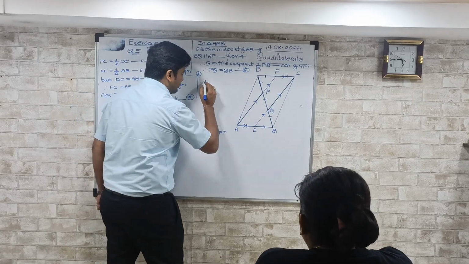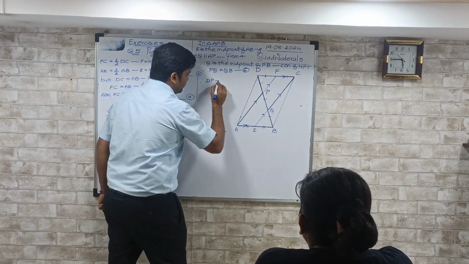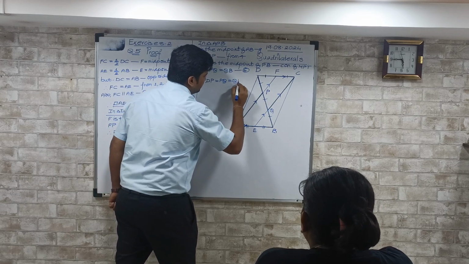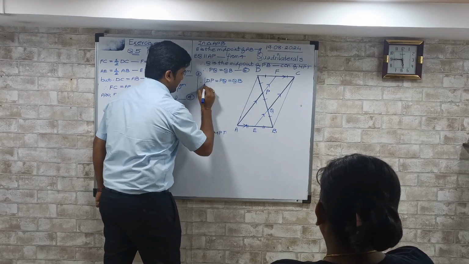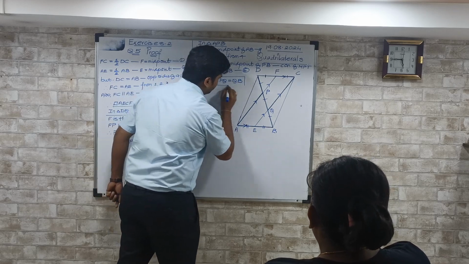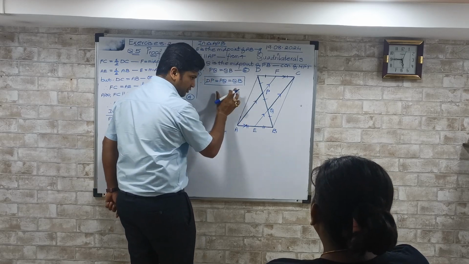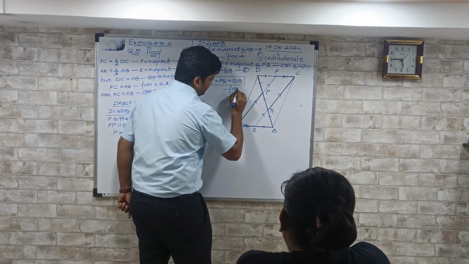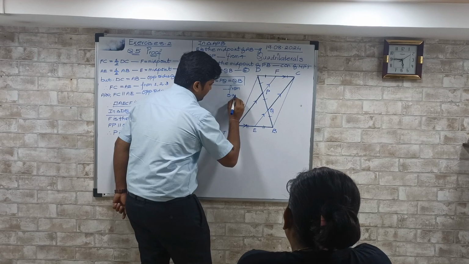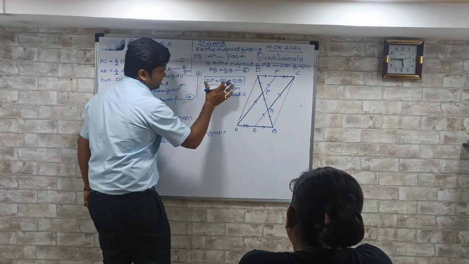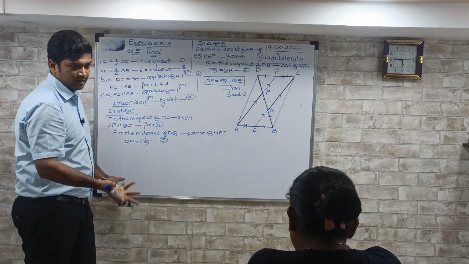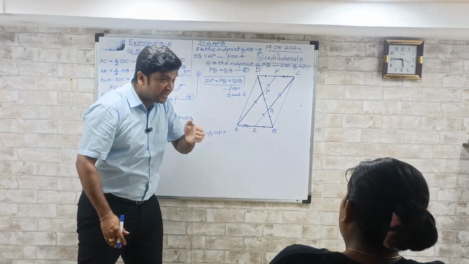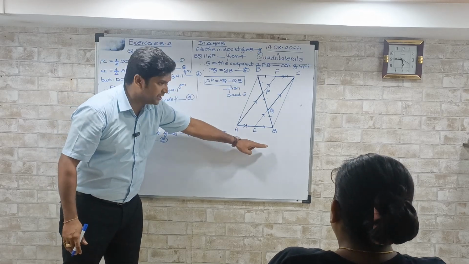So what do I write here? DP is equal to PQ, which is equal to QB, from 5 and 6. This is what we wanted to prove, that diagonal DB gets trisected. So we got 3 equal parts.